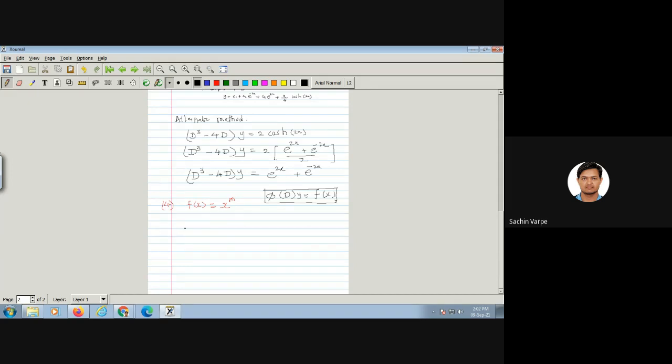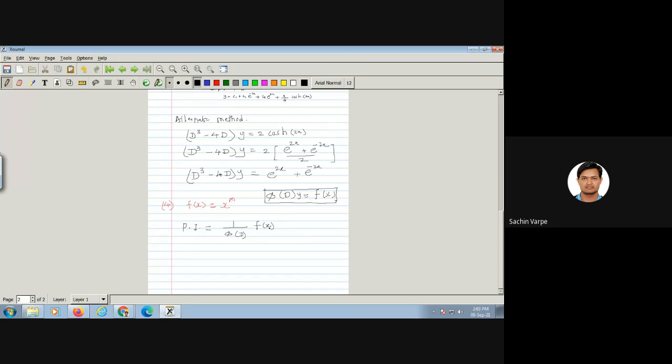So what is that shortcut? Let us write first of all formula. That is pi equals to 1 upon phi of d into f of x. Okay, sorry.